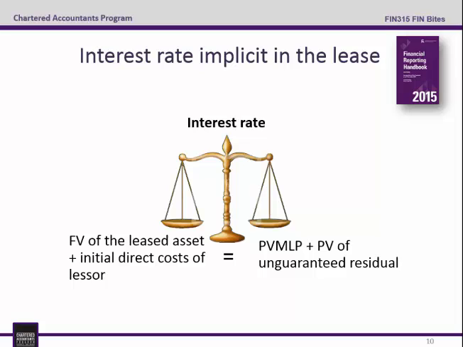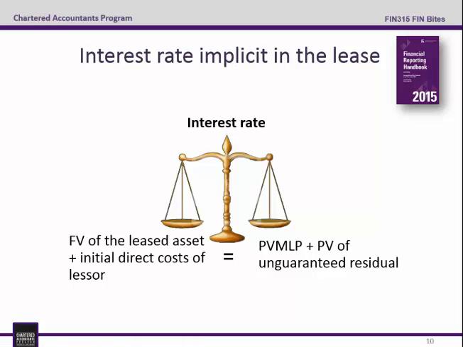What's the interest rate that causes the left side, the fair value of the leased asset at the beginning of the lease plus those initial direct costs of the lessor, to equal the present value of those minimum lease payments plus the present value of any unguaranteed residual? You'll notice it's only the unguaranteed residual, because any amount that was guaranteed would be in the minimum lease payments. Remember, minimum lease payments are what must be paid.